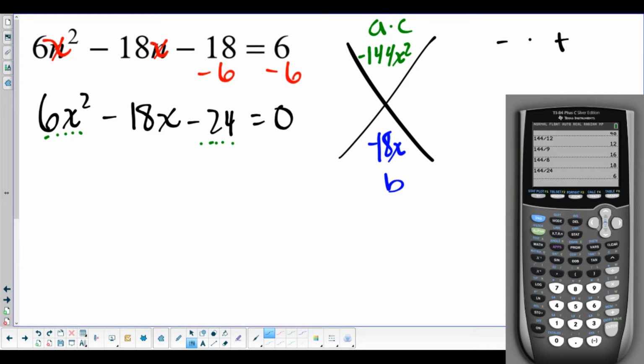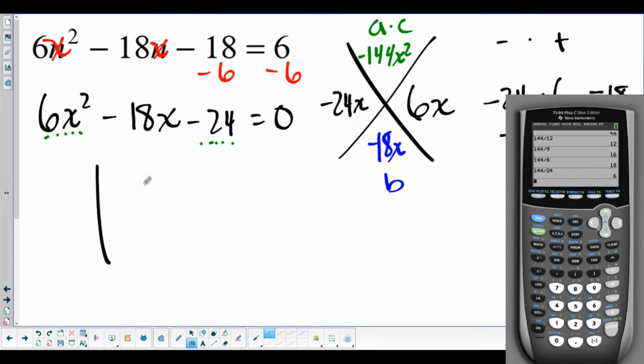Because my b value is negative, I want the larger of my two factors to be negative. So in other words, I found that the pair 24 times 6 works because negative 24 plus 6 is negative 18, and negative 24 times 6 is negative 144. So my two factors are going to be negative 24x and 6x.